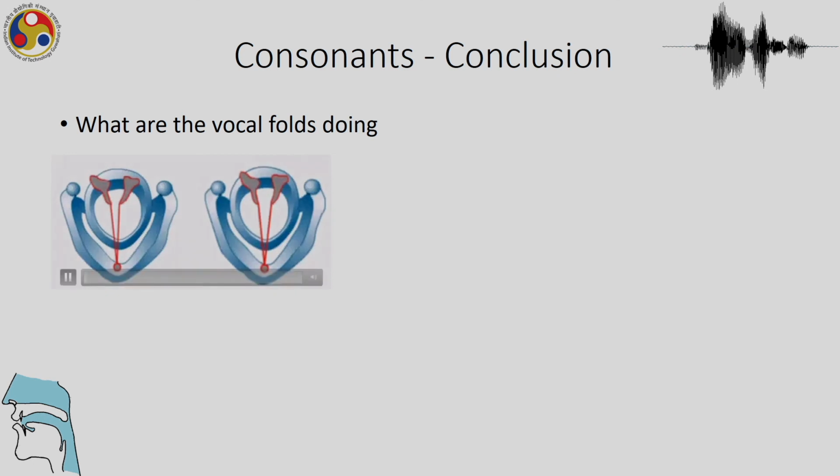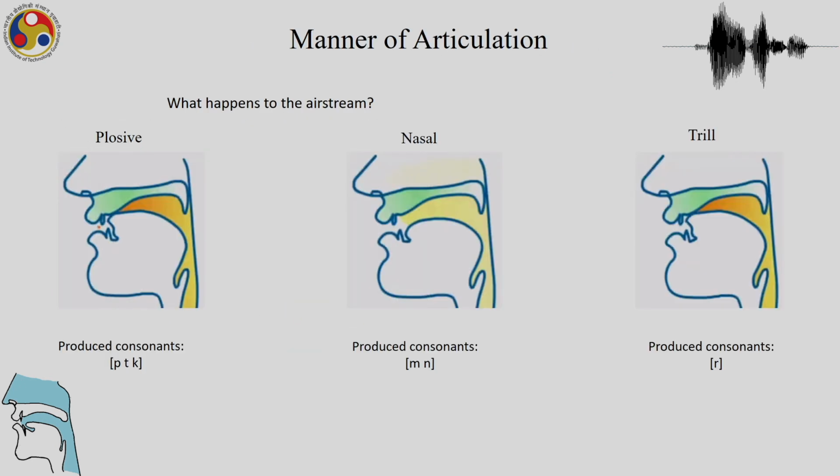So okay, what were the vocal folds doing? They must be vibrating like this. Then you would have a voiced sound. Or if they were neutral like this, then you would have a voiceless sound. And an implosive sound.